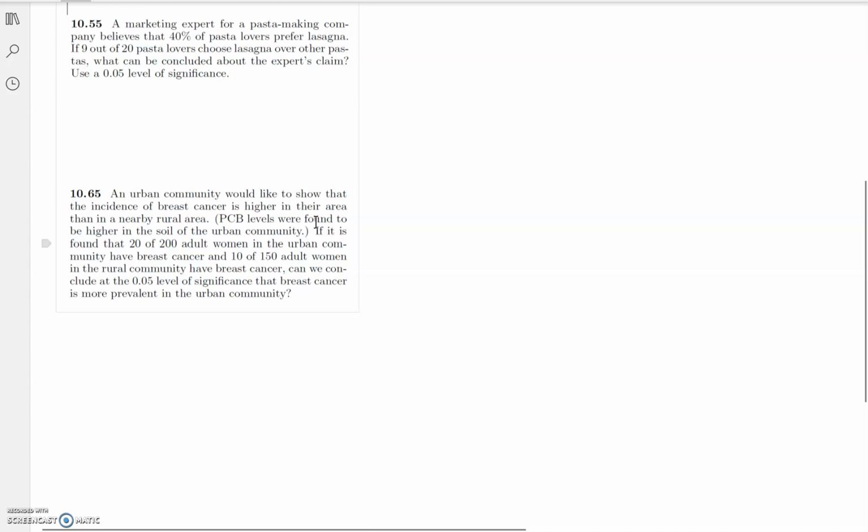Here he claimed the proportion is 0.4, so the null hypothesis is P equals 0.4, and the alternative hypothesis is P does not equal 0.4.